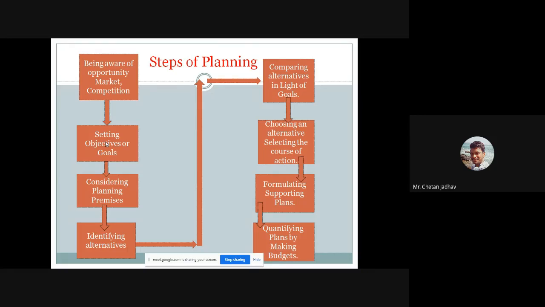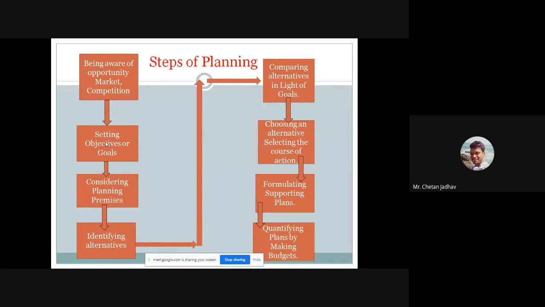So at the 11th hour, you don't need to identify the alternatives. That will save your time, and you will be able to launch your product in the market as early as possible, and that will save your time as well as cost.